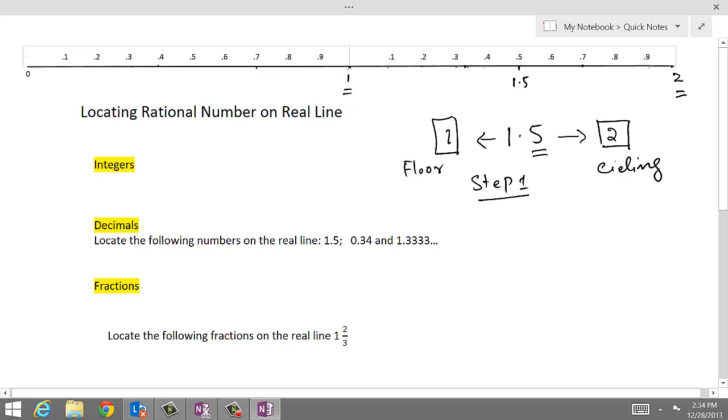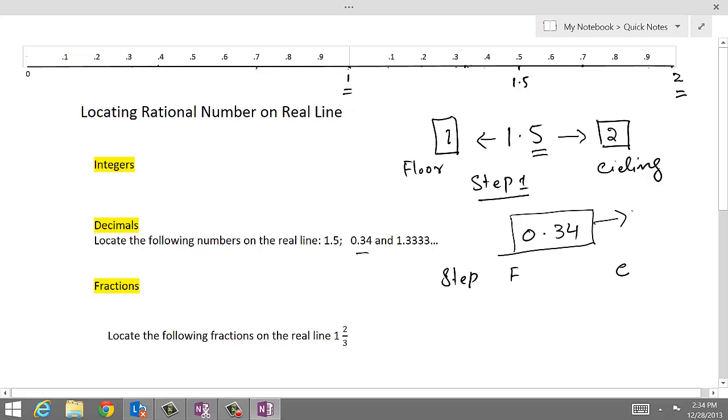Let's take another decimal, but this one has two decimal place accuracy: 0.34. For step 1, we want to find the floor and the ceiling. 0.34 lies between which two integers?